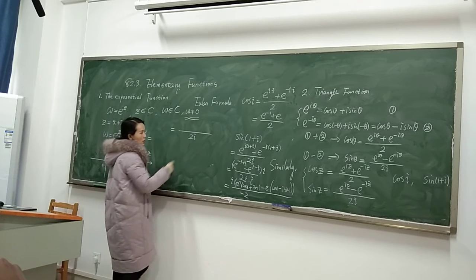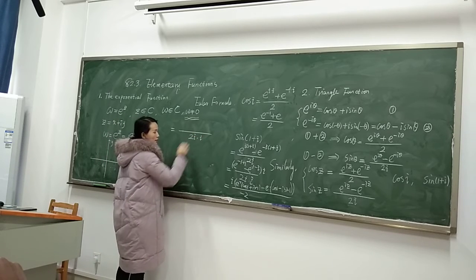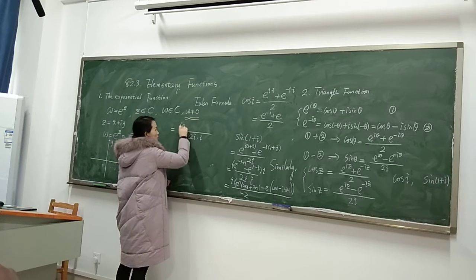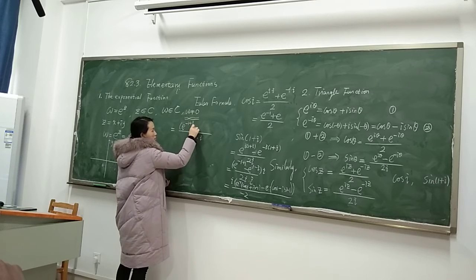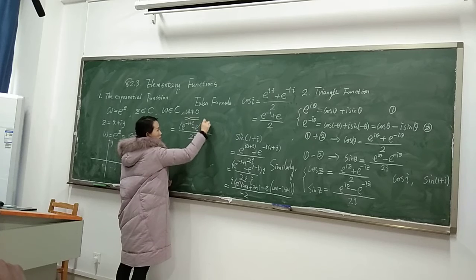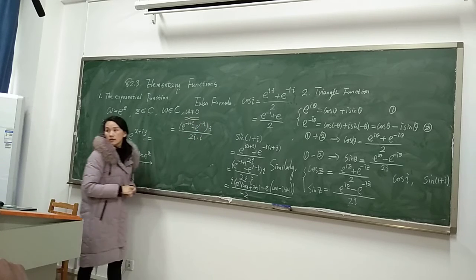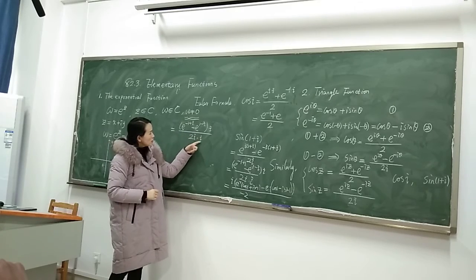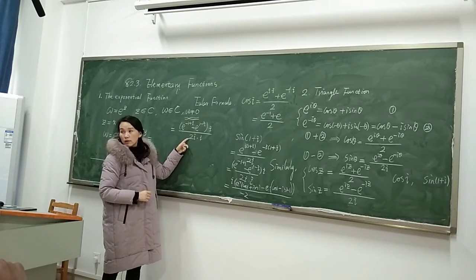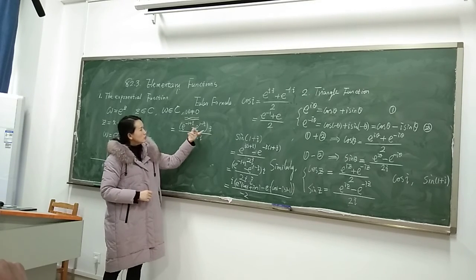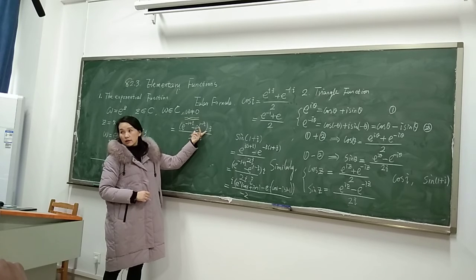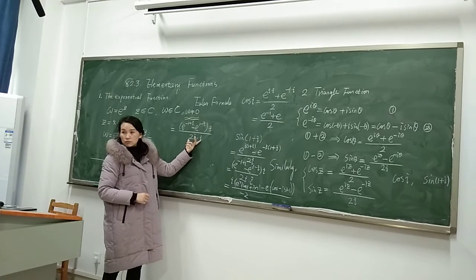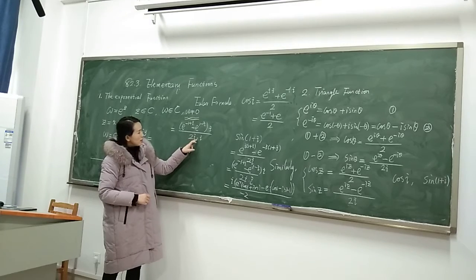So we multiply I here. Then this number is real. Why? Because we want to make this one a real number. If this is a real number, we only compute this, and it's enough. So we multiply I.